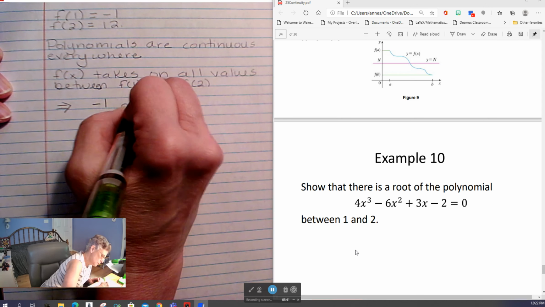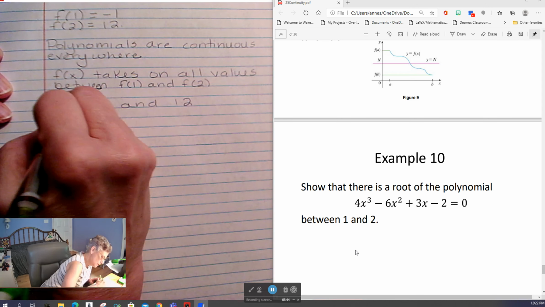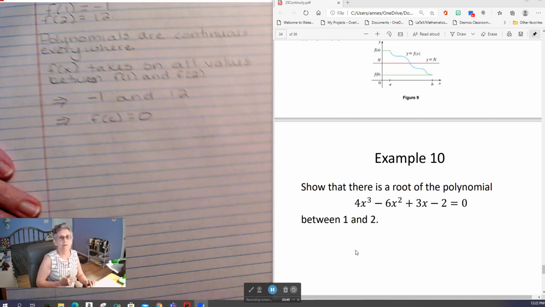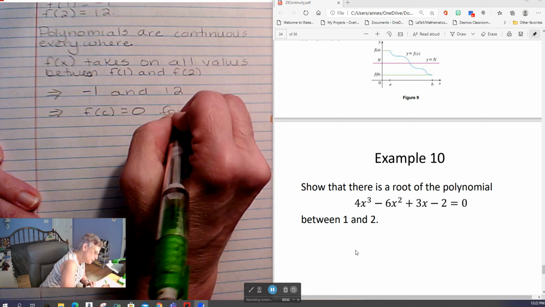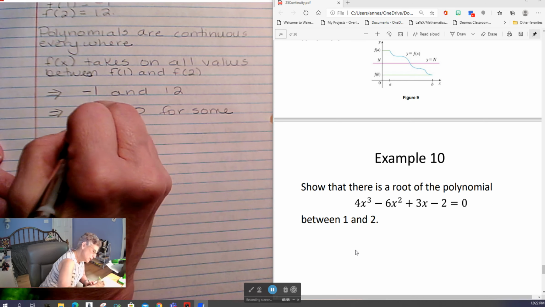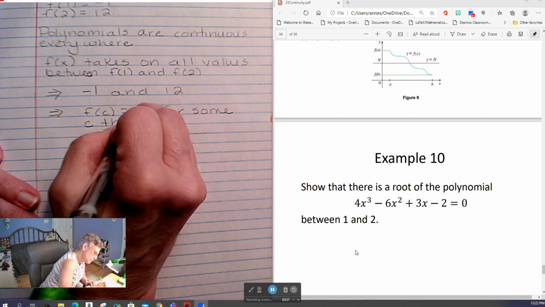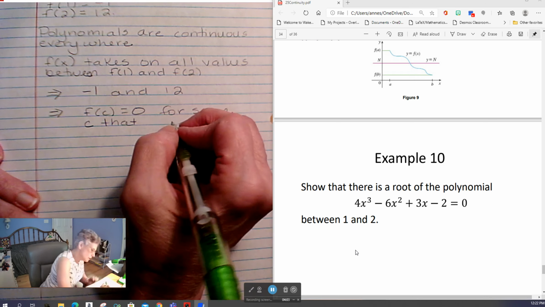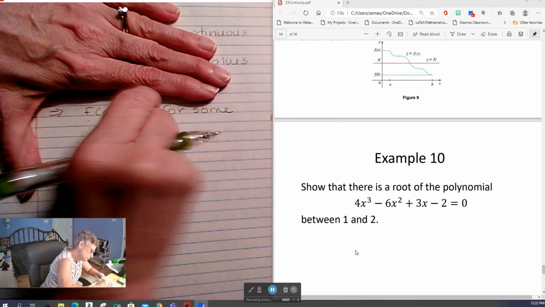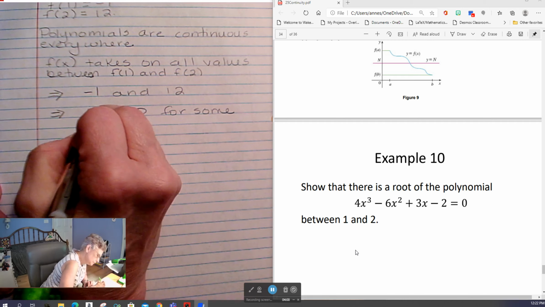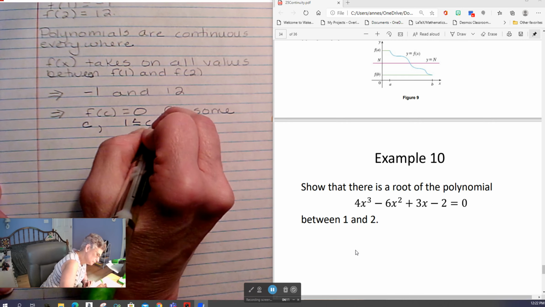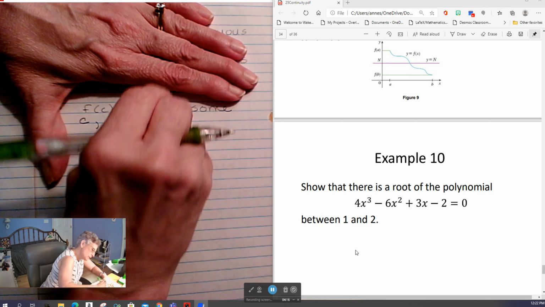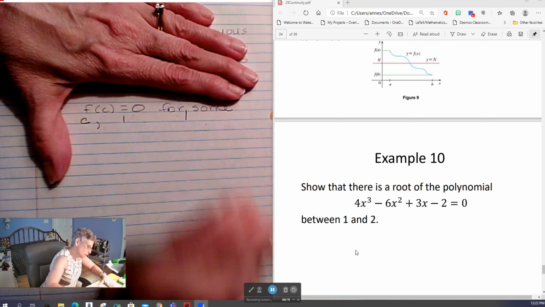So between negative 1 and 12, which implies f of c is equal to 0 for some number c that lives between 1 and 2, for some c such that 1 < c < 2, and those should be strict inequalities because we know that it's not equal at 1 or 2.